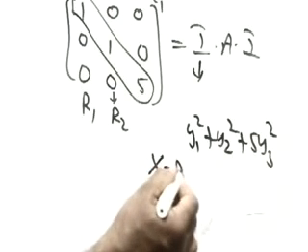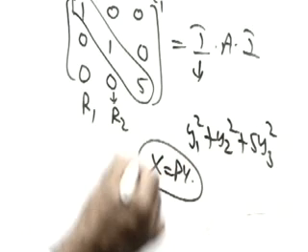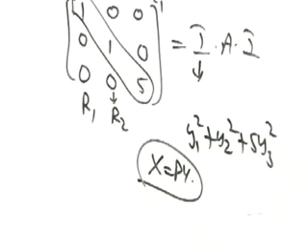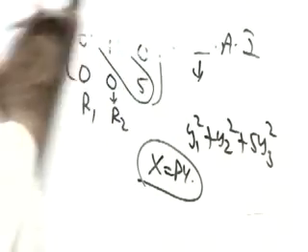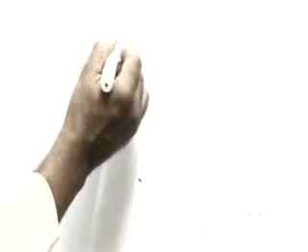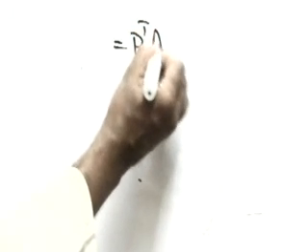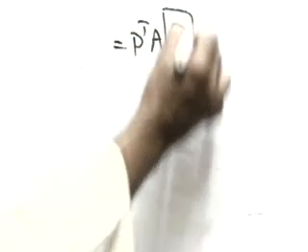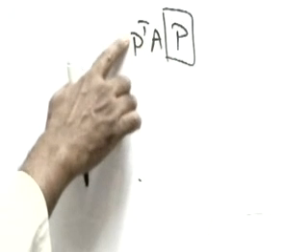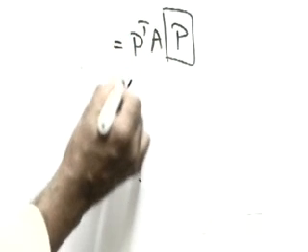The linear transformation, we say x equals P into y, is the linear transformation. We will see that later. After changing this, A changes to P transpose into A into P. This is P and this will be P transpose.